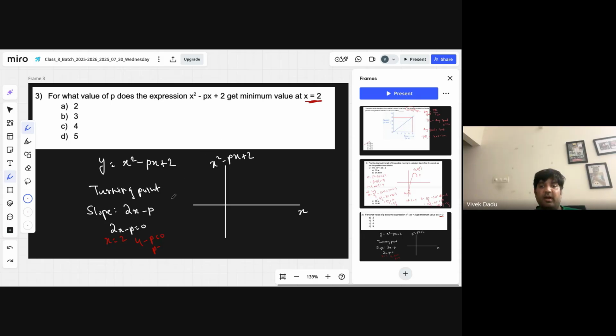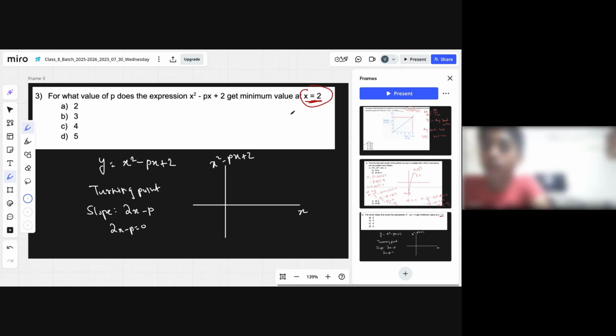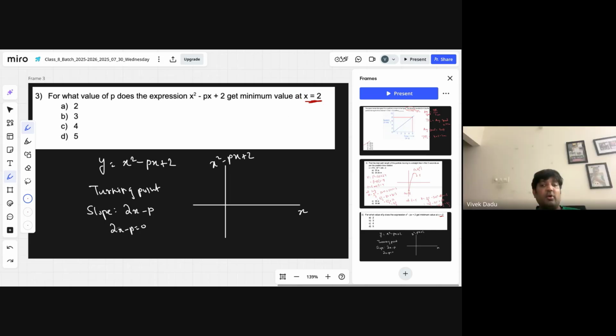See, Bhavya, you get 2x minus p equal to 0 at the minimum point, because the turning point of the curve will be the minimum point, right?